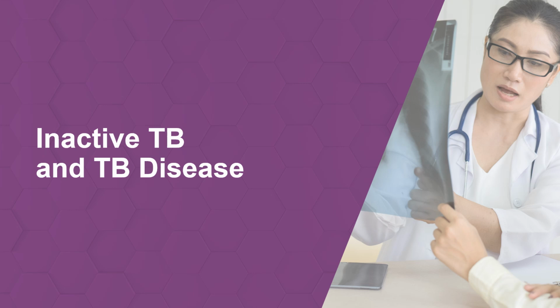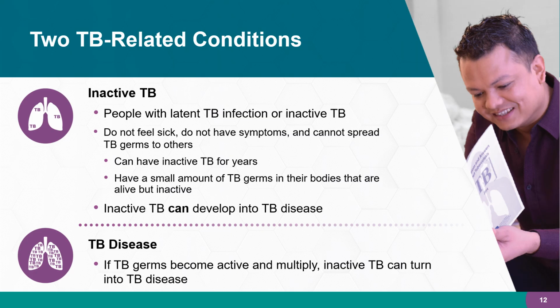TB exists in two states: inactive, also called latent TB infection, or TB disease. TB germs can live in your body without making you sick. This is called inactive TB or latent TB infection.